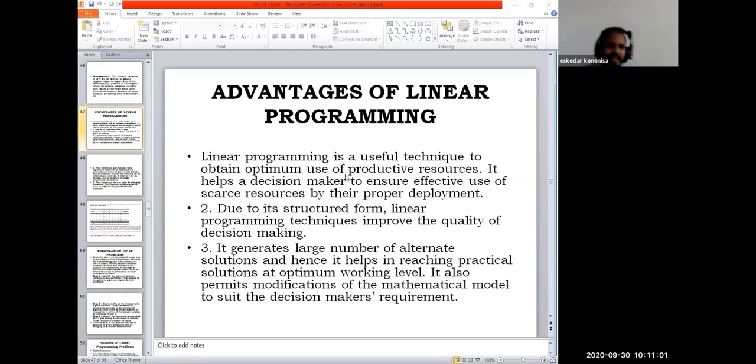Effective እና efficient ለማየት ሞክረናል. ባለን ሪሶርስ ተጠቅመን በትንሽ ሪሶርስ ማክሲመም የሆነ አውትፑት ማምረት, ይሄ ኮስት ሚኒማይዝ ማድረግ ነው.